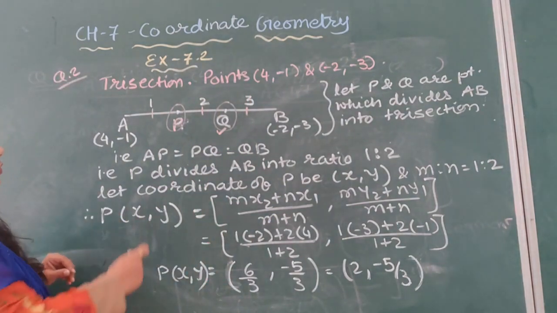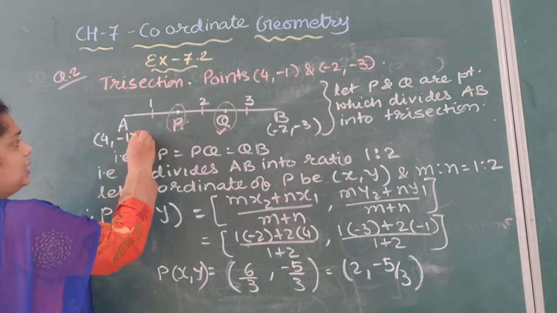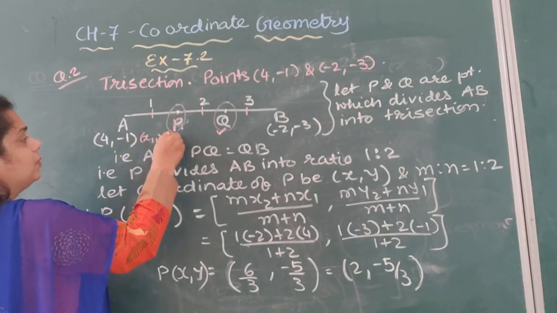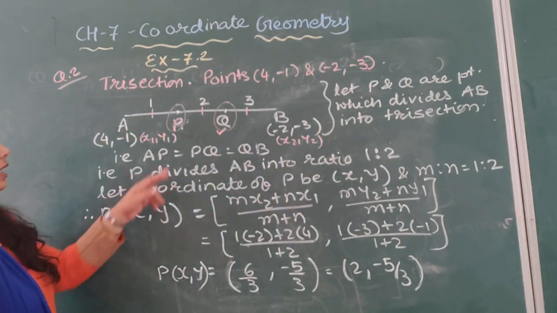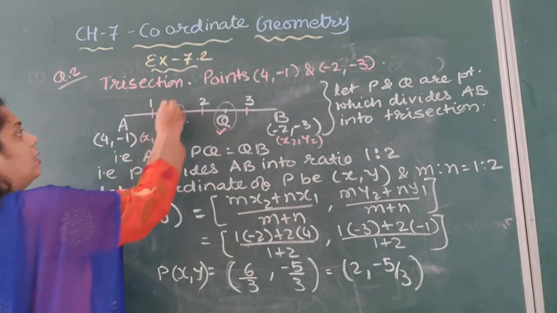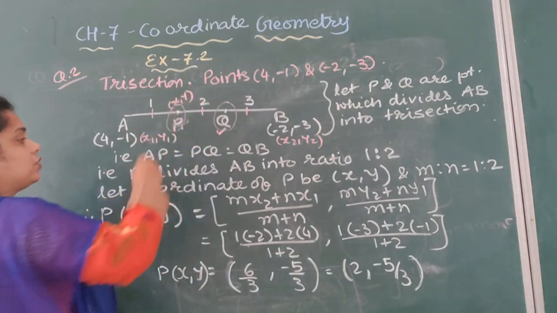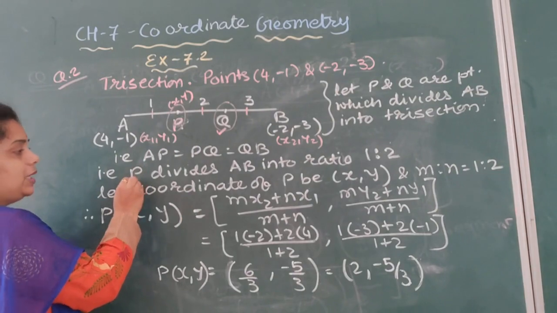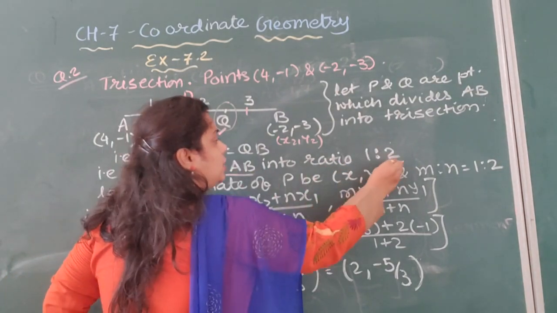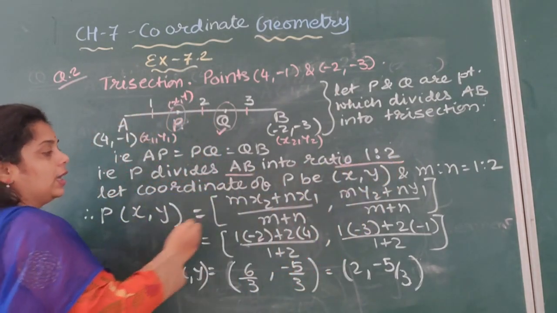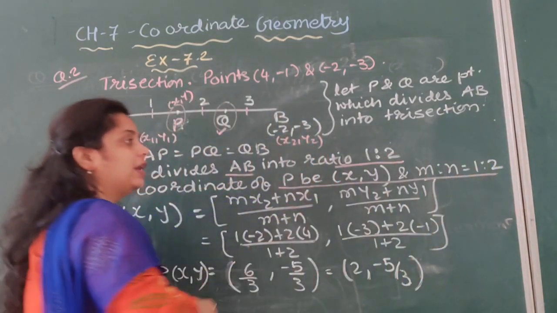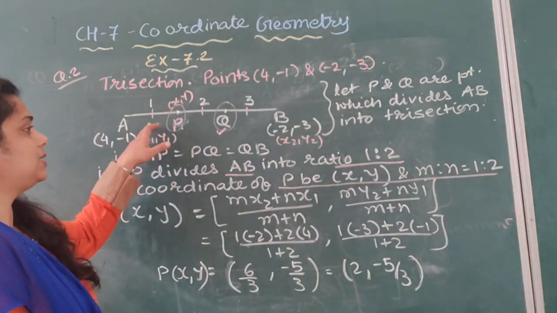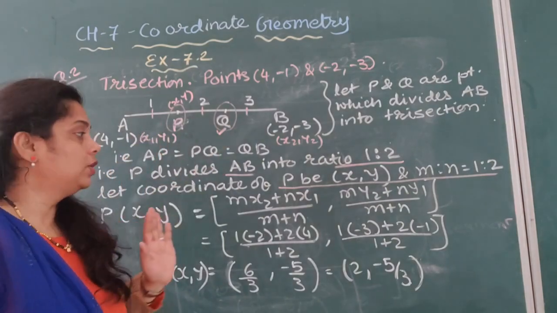So let's start. First of all, we assume this is x1, y1 and this is x2, y2, and we start with point P having coordinates x, y. Here P divides AB in the ratio 1 is to 2, so m is 1 and n is 2.